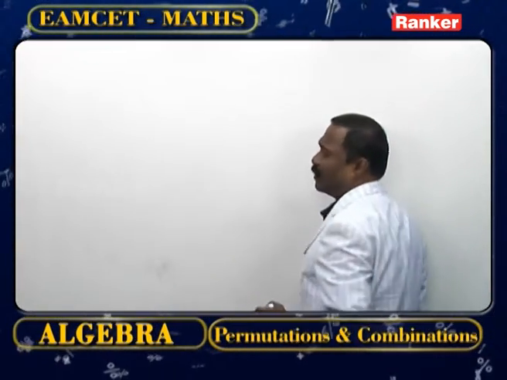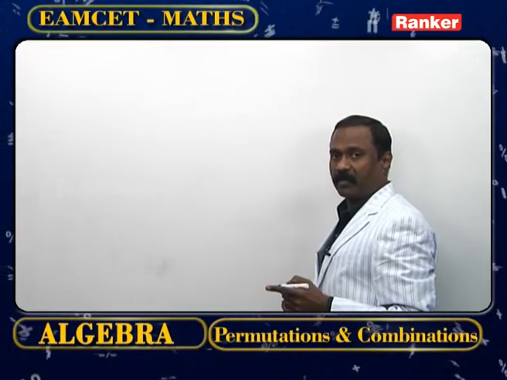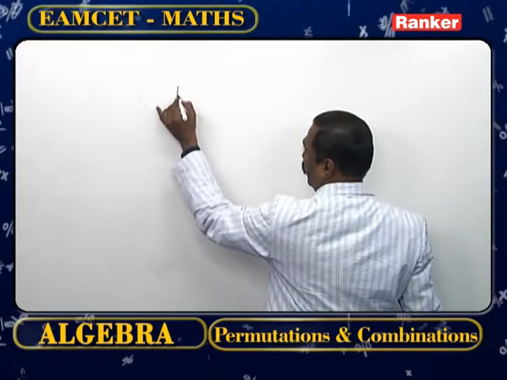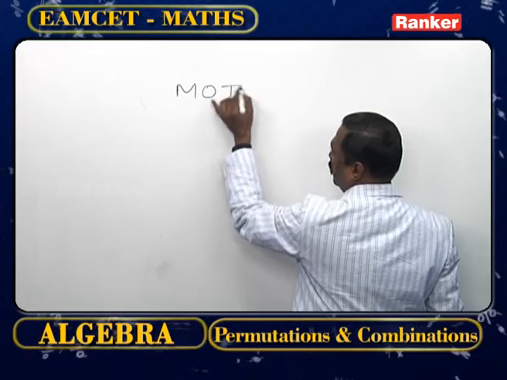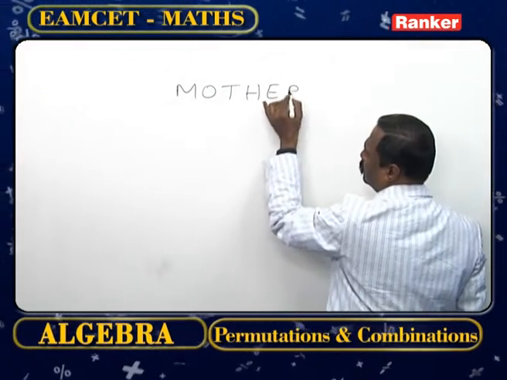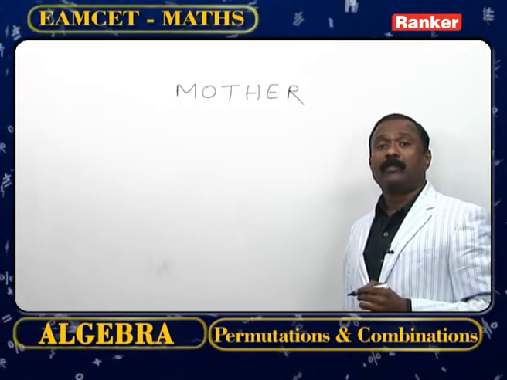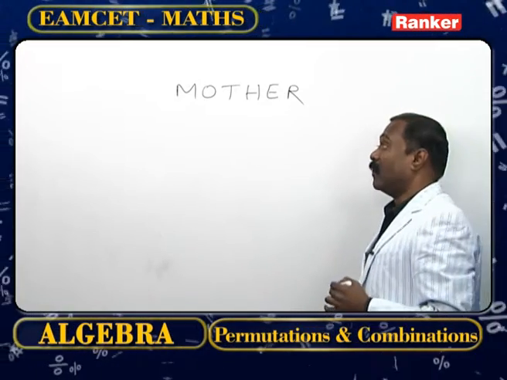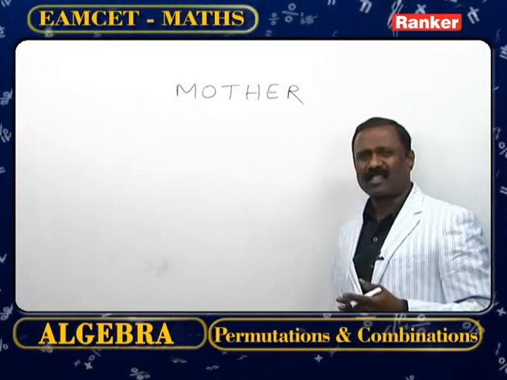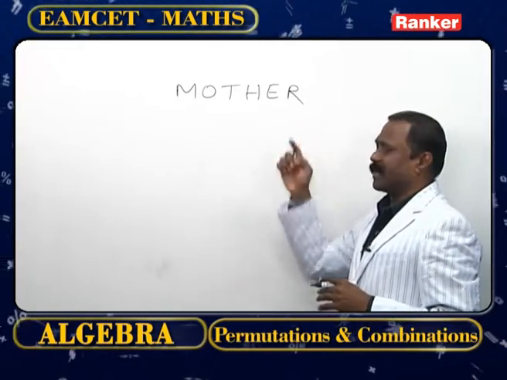Let me take a simple word first, without repetition of letters, and I'll explain how to find the rank. If you take mother, and want to know its rank, here our alphabets are only 6.